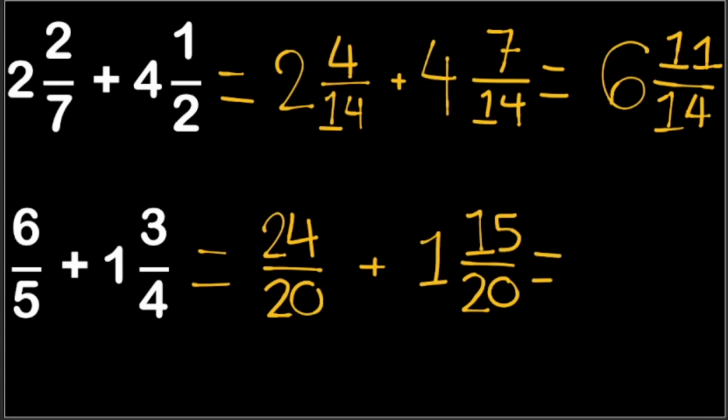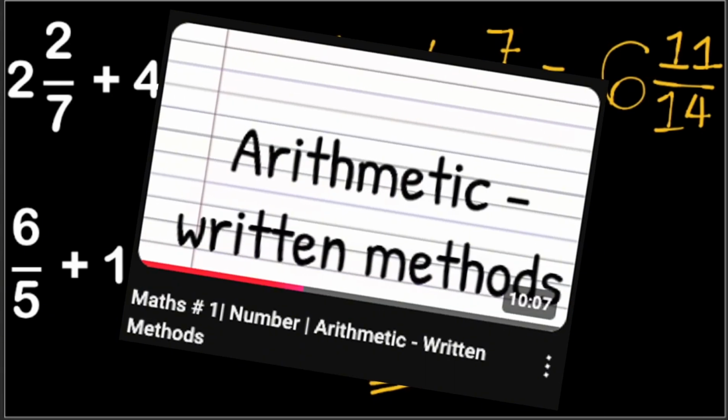Okay. Add the fractions. 24 plus 15. Just need to make a note here. Okay, so this is a written method of addition. I made a video on that as well.